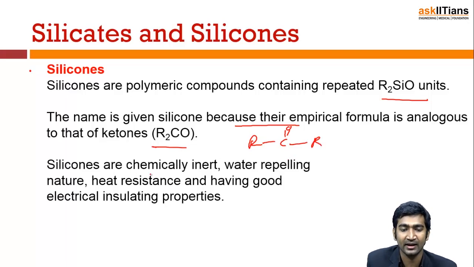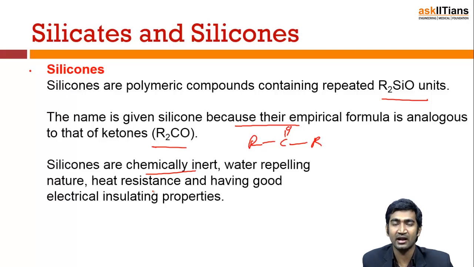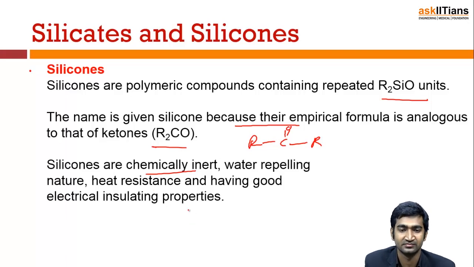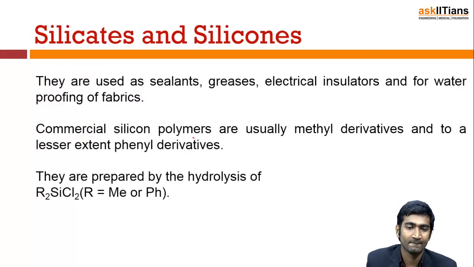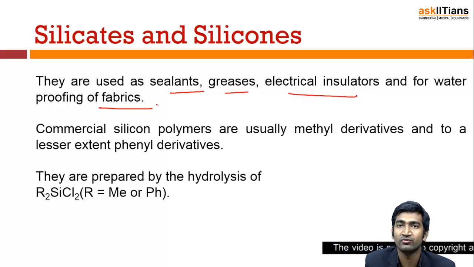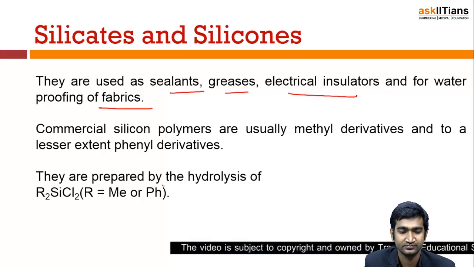Silicones are chemically inert. They are water repelling and heat resistant also, and have electrical insulating properties, so silicones are applied to form insulating substances. They are used as sealants, greases, electrical insulators, and for waterproofing of fabrics.